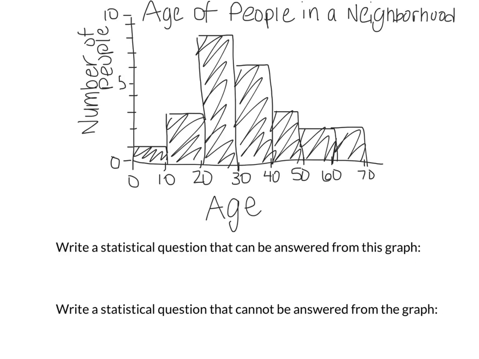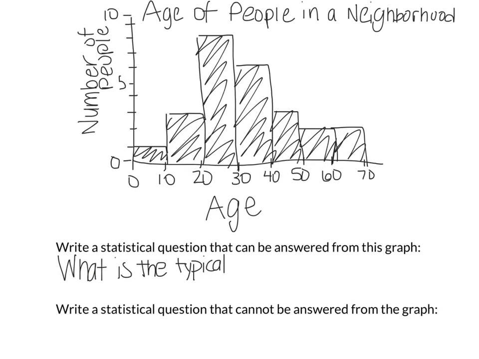To figure out what kind of question I'm going to ask, a good thing to start with when I'm writing my question is to start off with what is the typical. So just like I have written right here, typical is a key word that'll make it statistical.